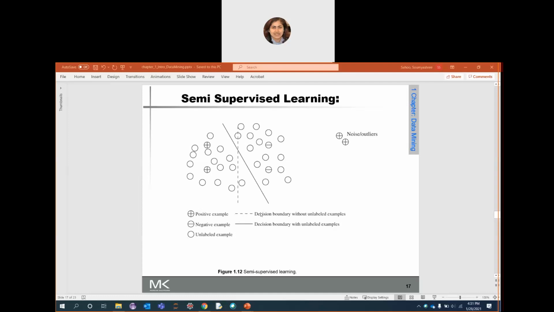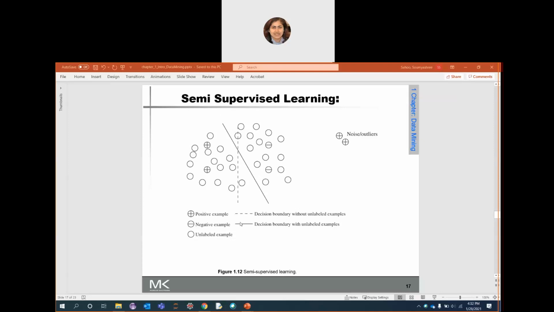If you see in this picture, all these labels are being provided. If we don't consider the unlabeled examples, then the dashed line is the decision boundary which best partitions the positive samples from the negative samples. But in the alternative case, if you are using unlabeled examples, then we can refine the decision boundary to this solid line.